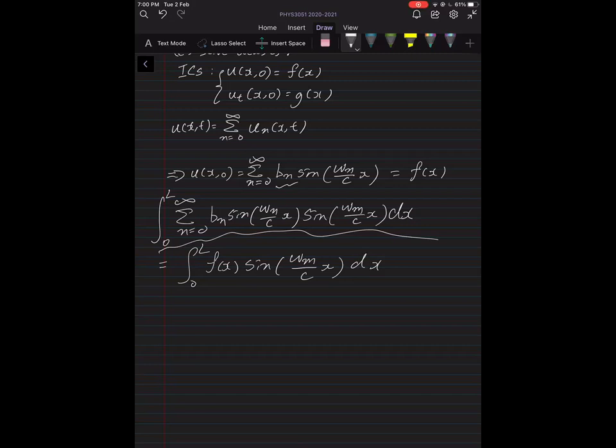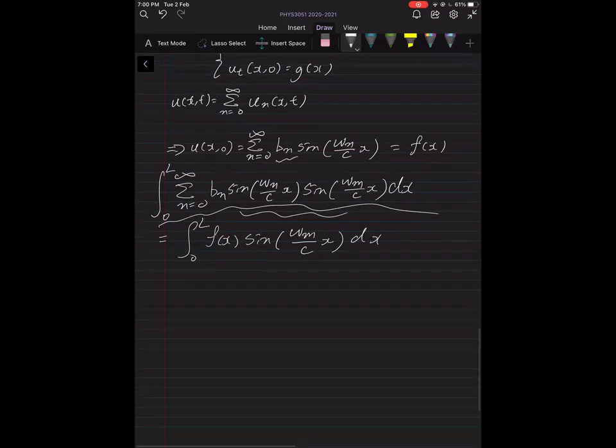If n and m are equal, then that gives the norm of the eigenfunctions. So what is the norm? Is it L over 2? Yes. So we have L over 2.